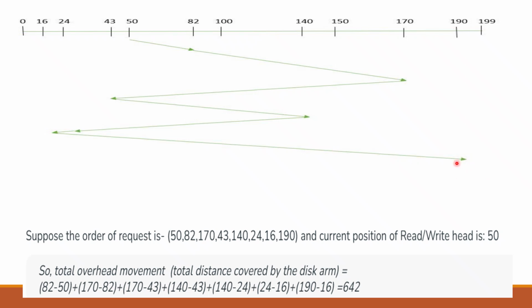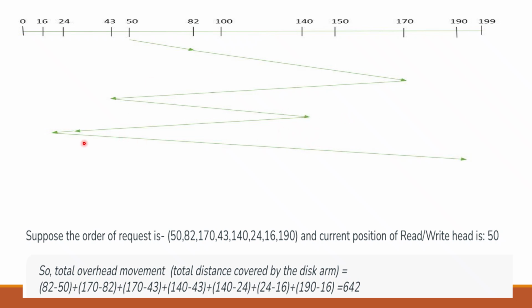Now we calculate the distance covered by the disk arm: 82 minus 50, 170 minus 82, then 170 minus 43, then 140 minus 43.